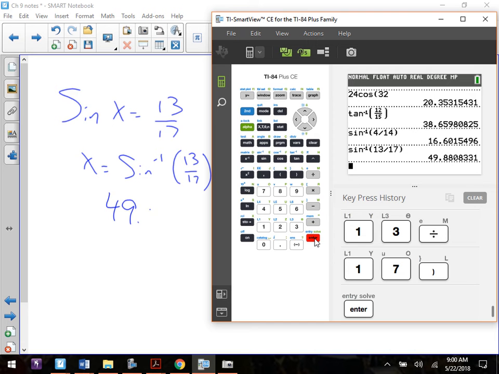49.88. Okay. Now, some of the other things that you guys had a tendency of messing up a lot with the trig. Remember we did angles of elevation, angles of depression.